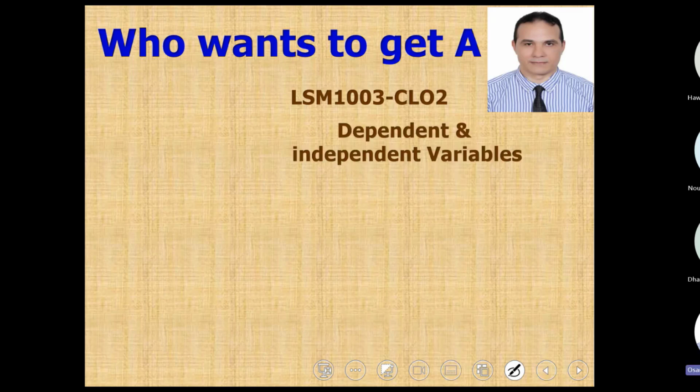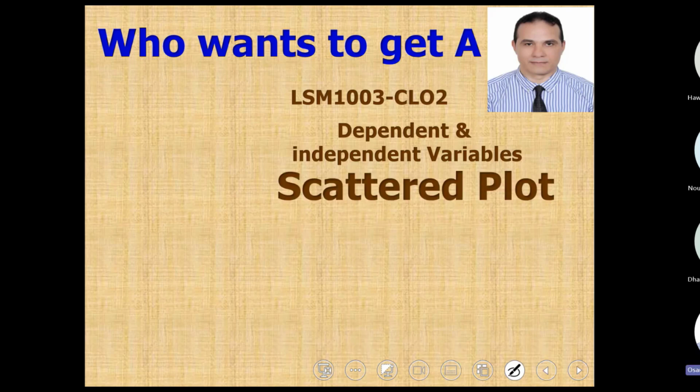So let's start with the dependent and independent variables. Think about the temperature. Once the temperature goes high and it's getting very hot, for sure you are looking to go to the beach, right? So some people go to the beach.